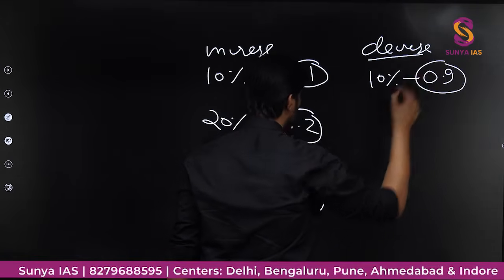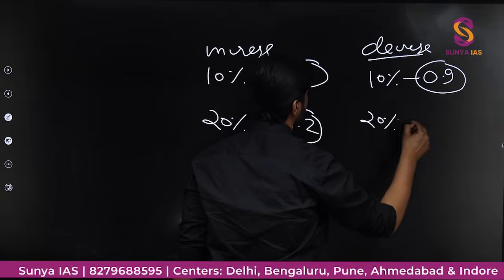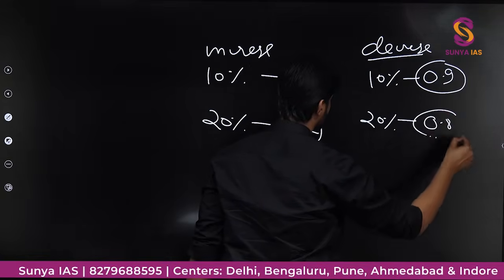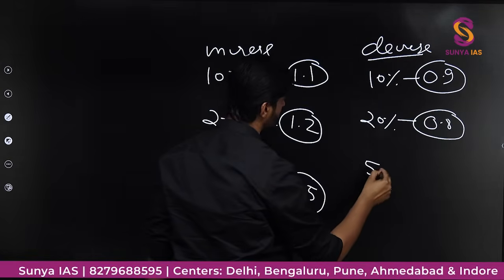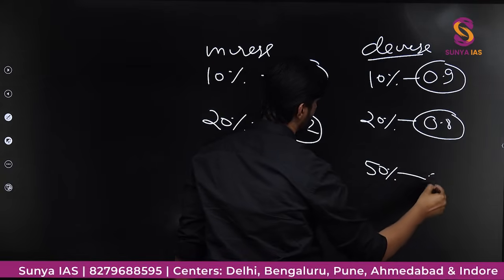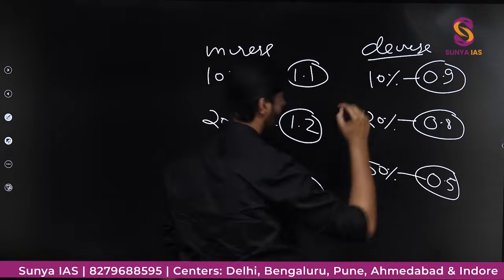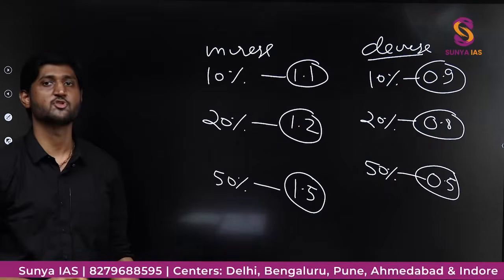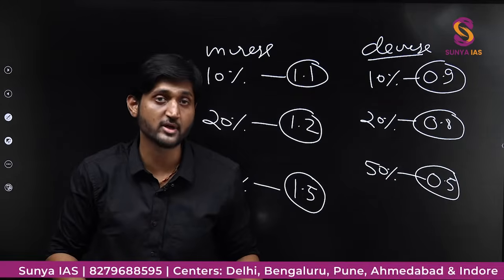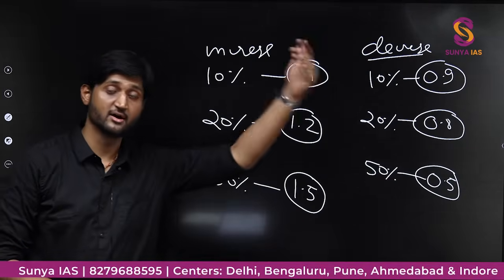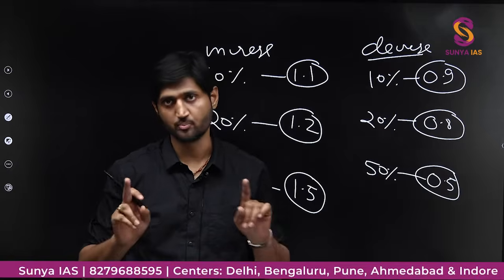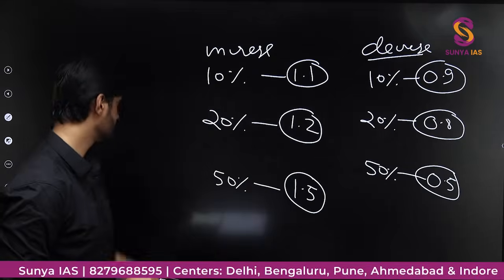If there is a decrease of 20%, you multiply it with 0.8. And if there is a decrease of 50%, you will multiply it with 0.5. That is the way of doing things which we are going to follow in this part of the discussion and in further chapters also. So please, catch it up.